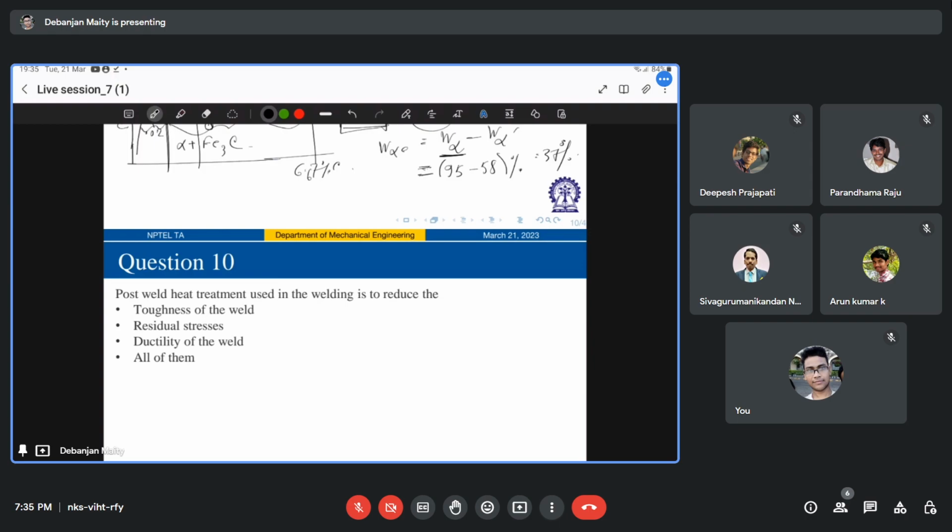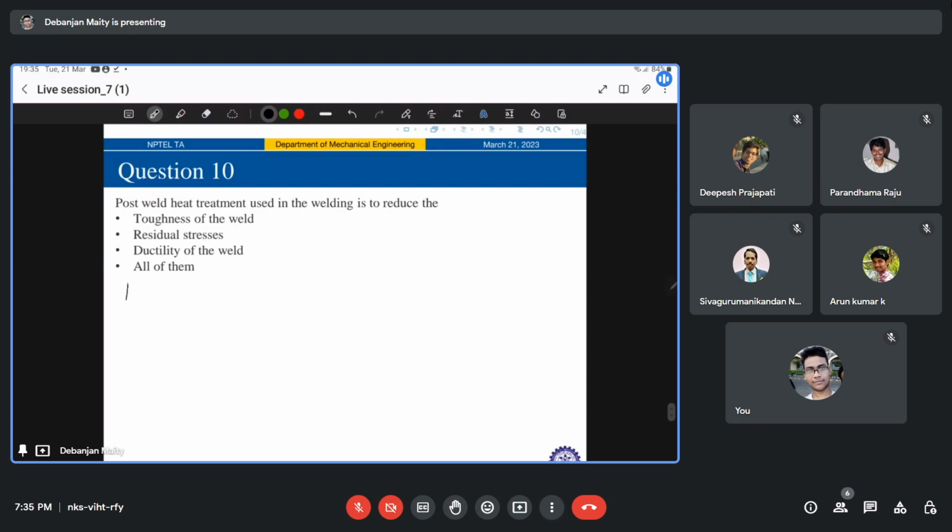I want to share a study published in some journal. Here the researchers investigated the effect of post-weld heat treatment parameters. There are two parameters: holding time and holding temperature.